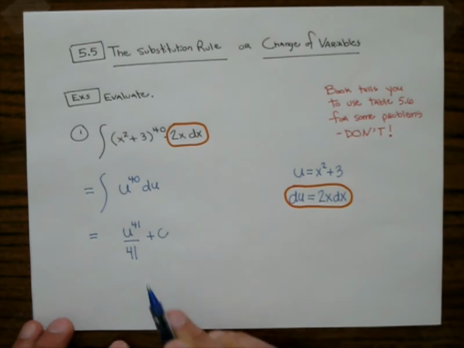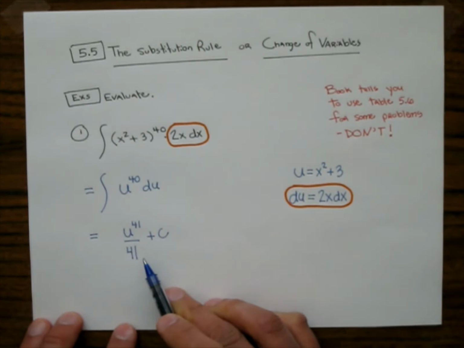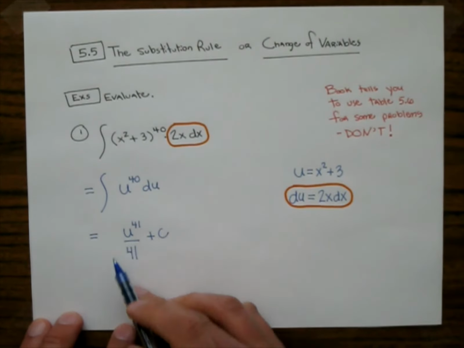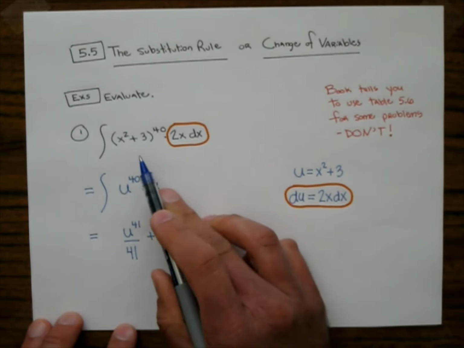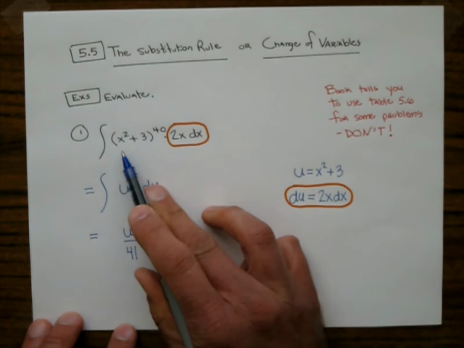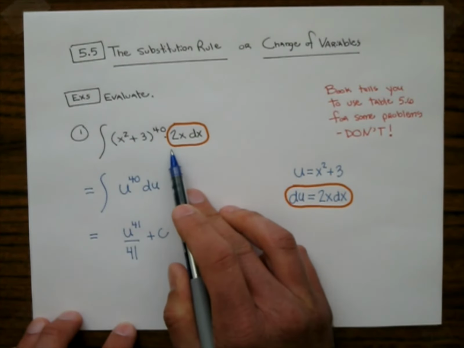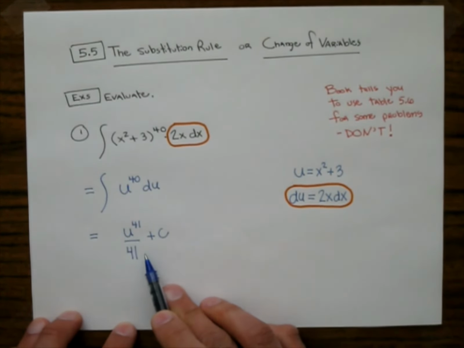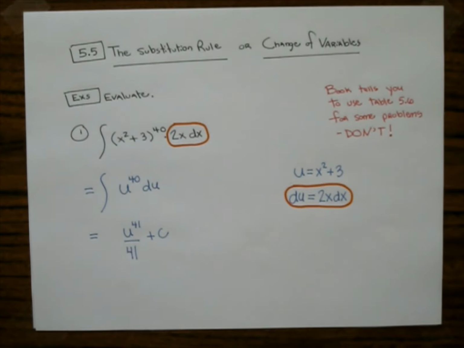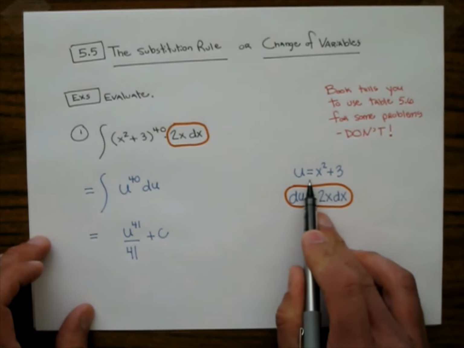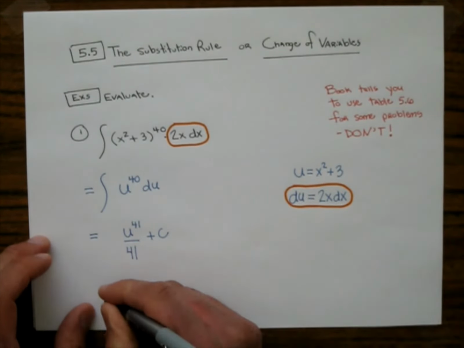Now, lots of times people will do a u substitution and they will say, oh, there's my answer, and box it. The original question asked was written in terms of x's. So we're going to change this back to x's. When we do that, I go ahead and use this right here, u equals x squared plus 3.